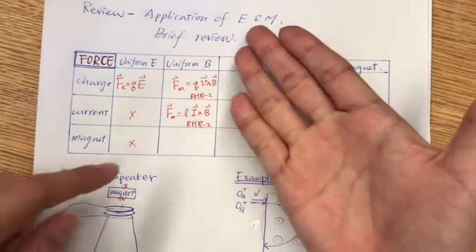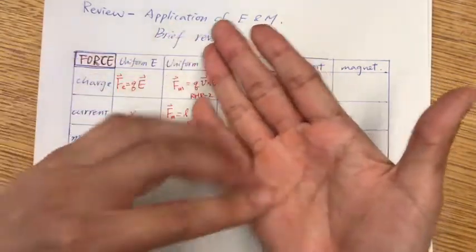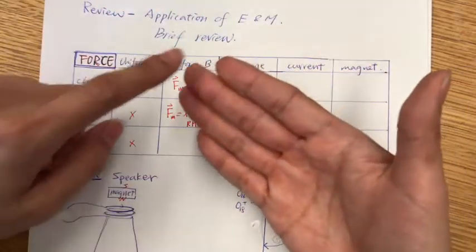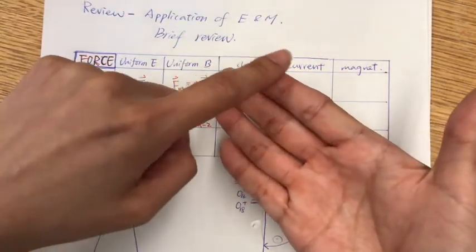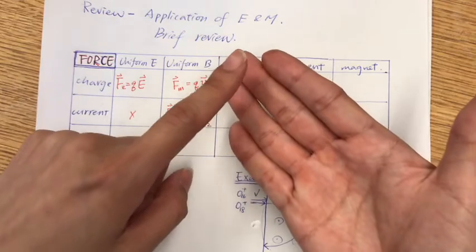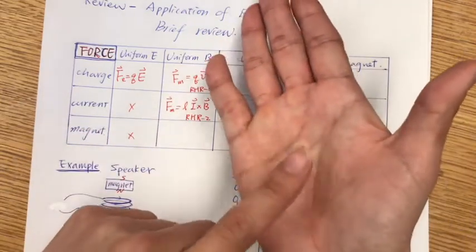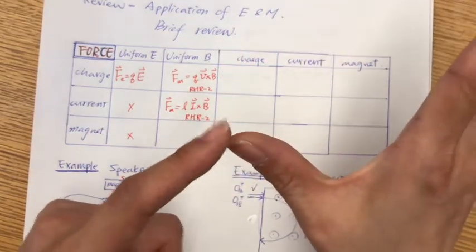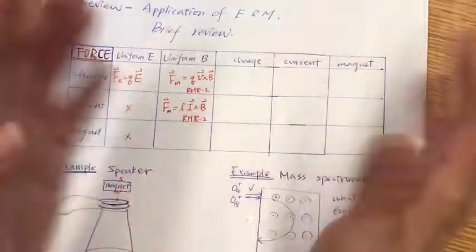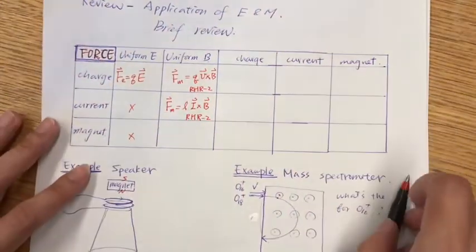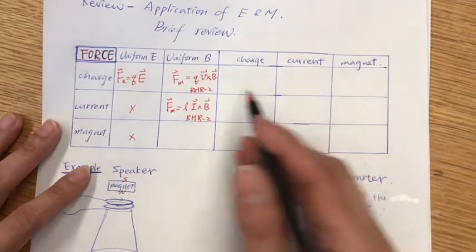How you arrange it is kind of up to you. But if you do it this way, this is velocity or current, and then palm will be your field, thumb will be your force. And of course, it's possible that you have different notation, but just making sure we're all consistent.